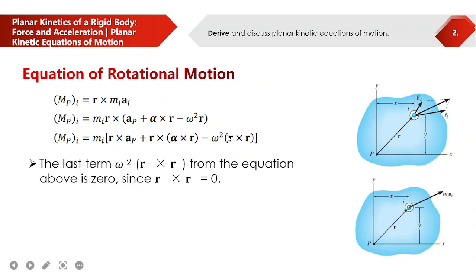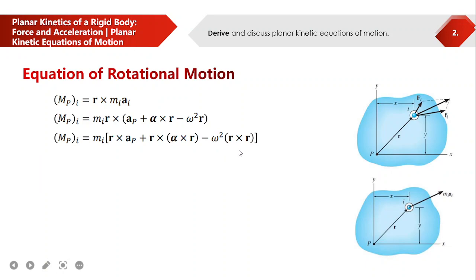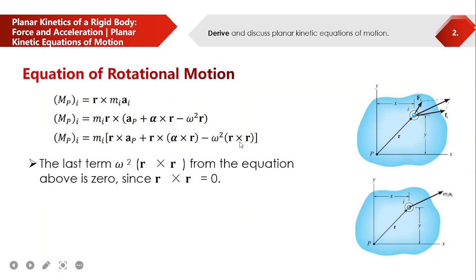When computing the cross product of vectors, it is the scalar quantity of the first times the scalar quantity of the second times sine theta. Since the angle between the two is the same, there is no angle, so sine of 0 is 0.